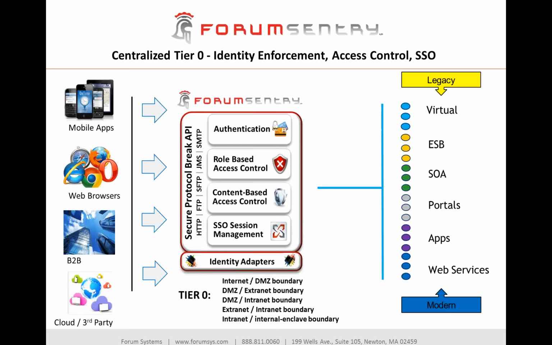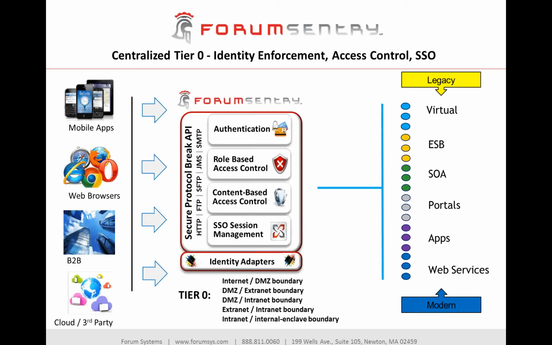And through that abstraction, we can then unify and provide a much more simplified path to achieving identity enforcement, access control, and SSO across the landscape of different kinds of services and different kinds of clients and consumers accessing them.